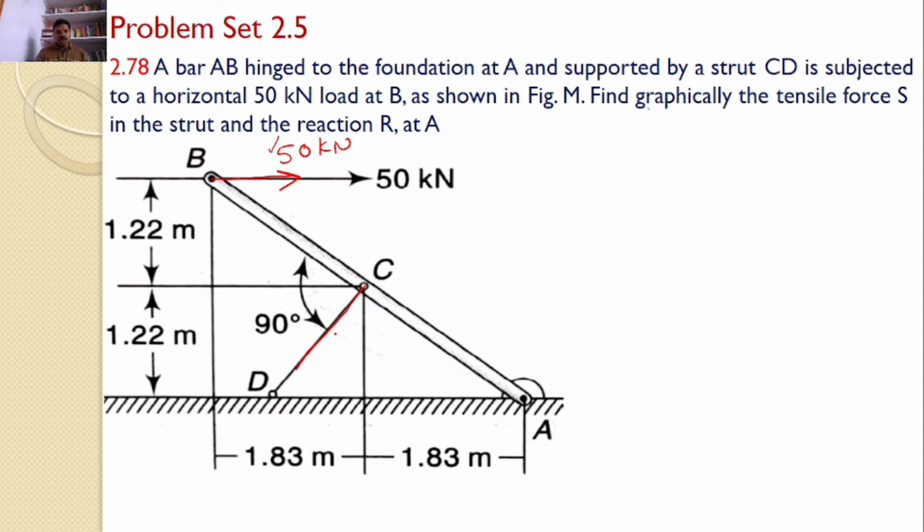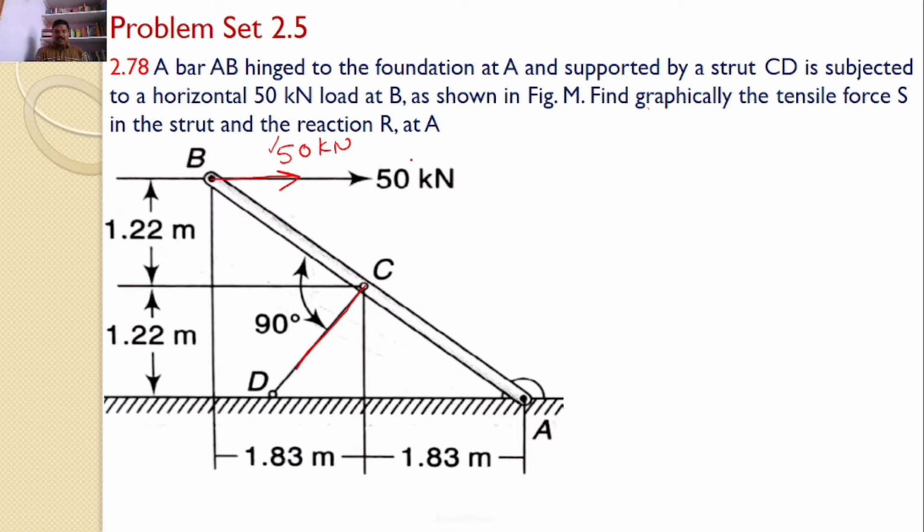We don't know the magnitude and we don't know the sense, we just know the direction. And there is another reaction at A, and as far as the reaction at A, we don't know either direction or magnitude. Nothing is known about the reaction at A.